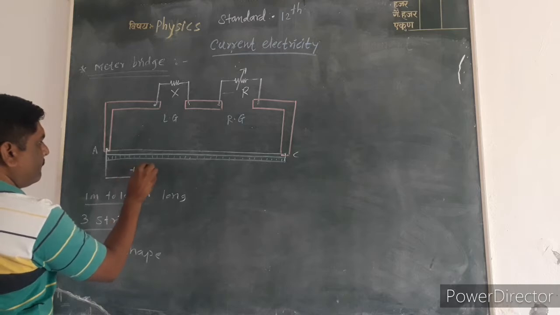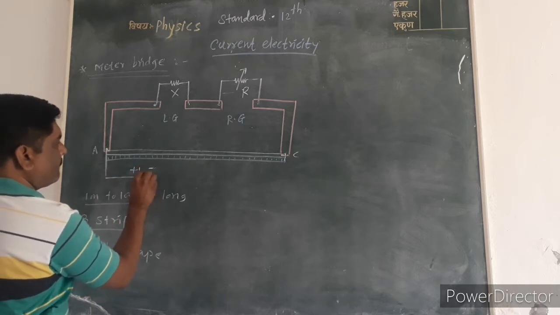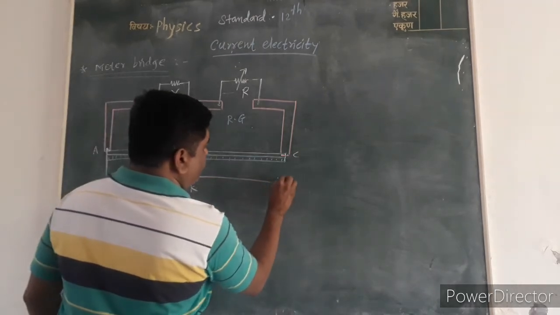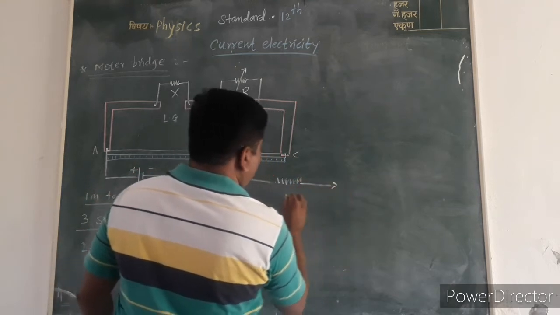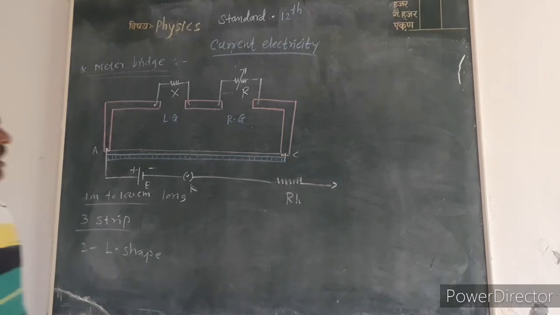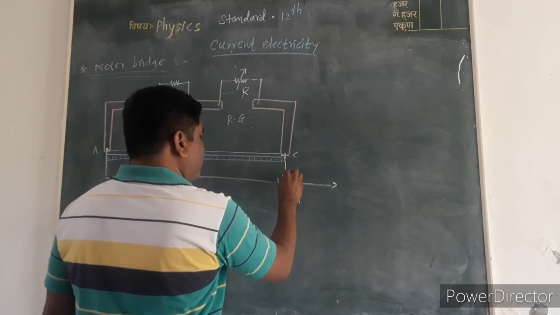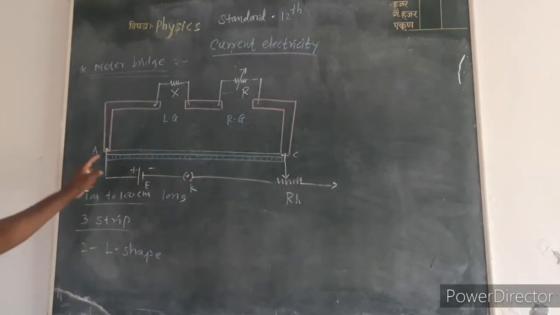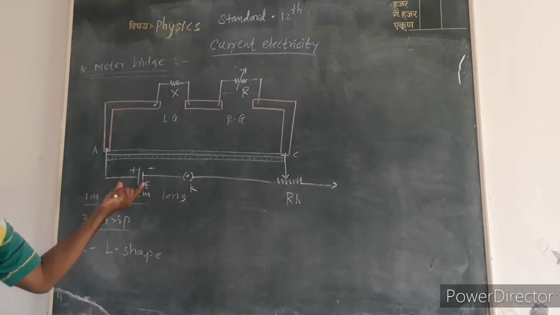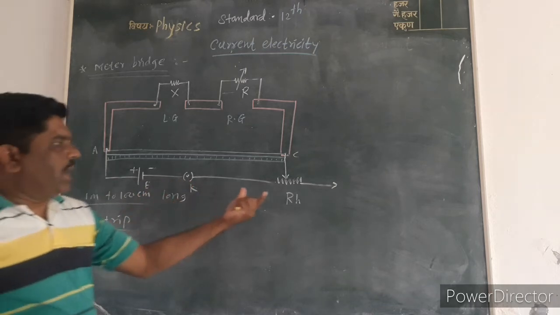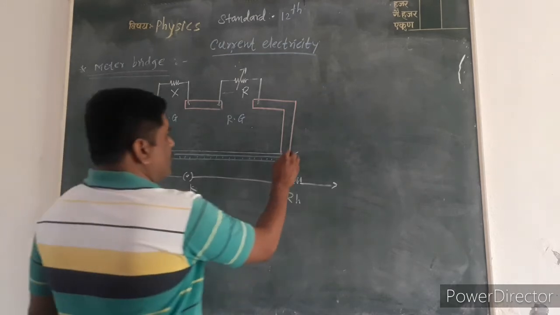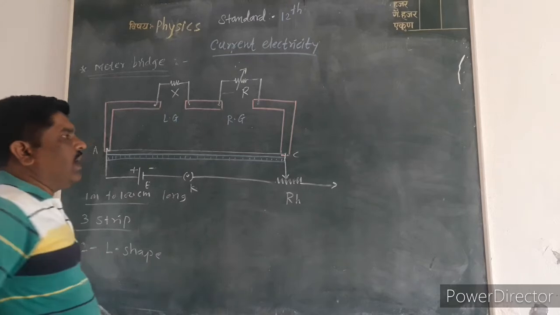A cell E, plug key K, and a rheostat or variable resistance RH are connected across the wire AC.